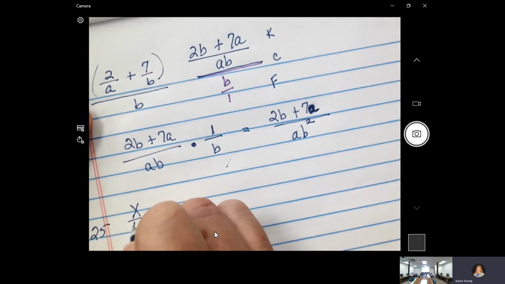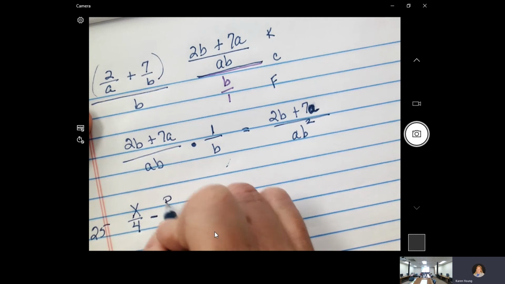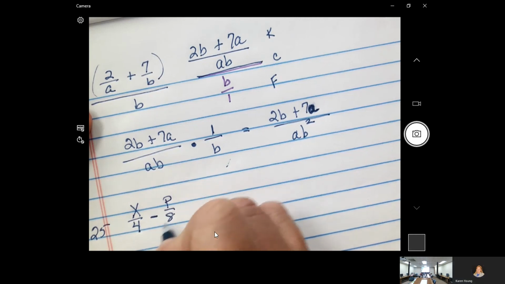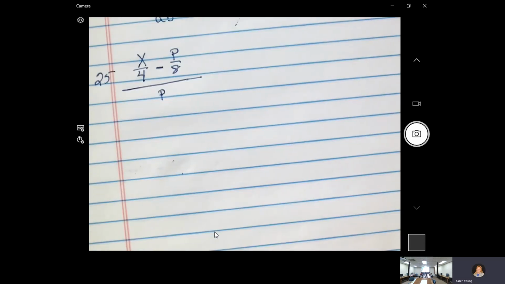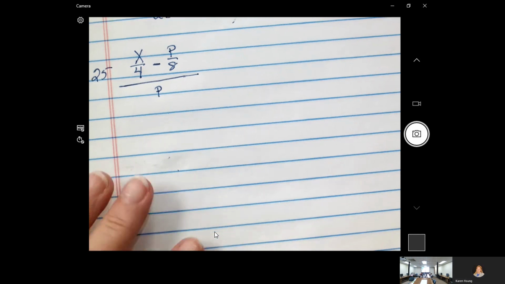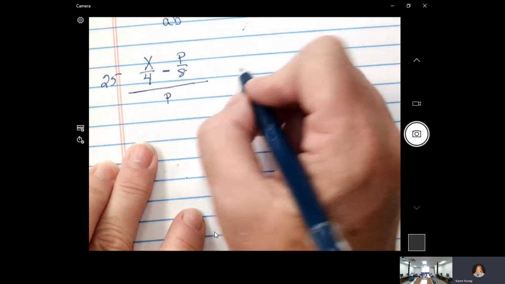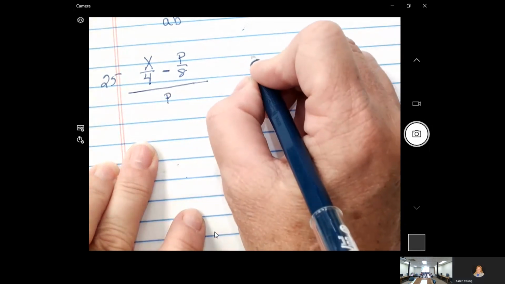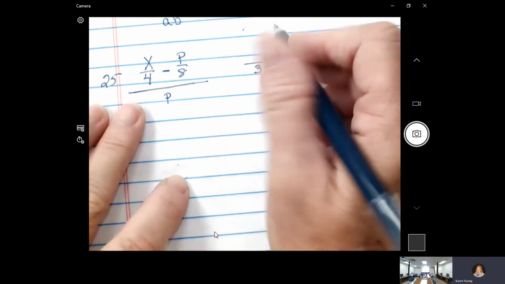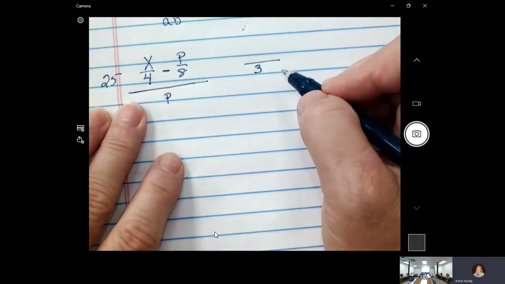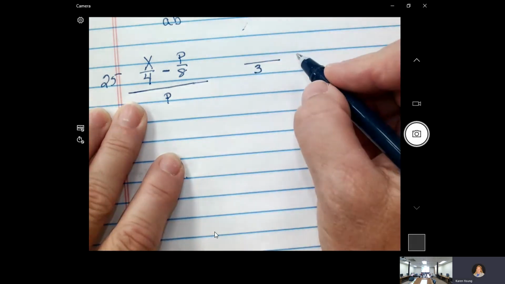Okay. Let's look at 25. I have x over 4 minus p over 8, divided by p. The only thing different with this one is that it's got a minus sign. When I've got just numbers on the denominator, you start off with 8x and then minus 4p.